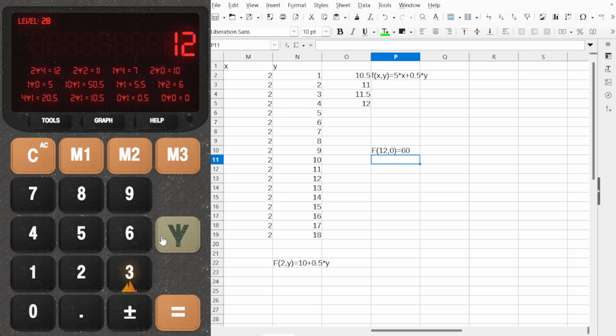Okay, yeah. So if I instead input a 120, I would be getting a 600. And if I inputted a 132, then I would be getting a 660.